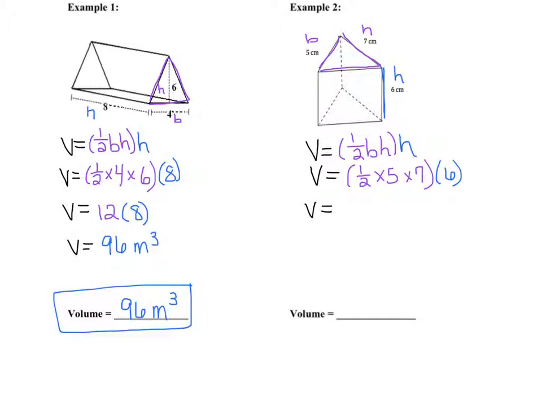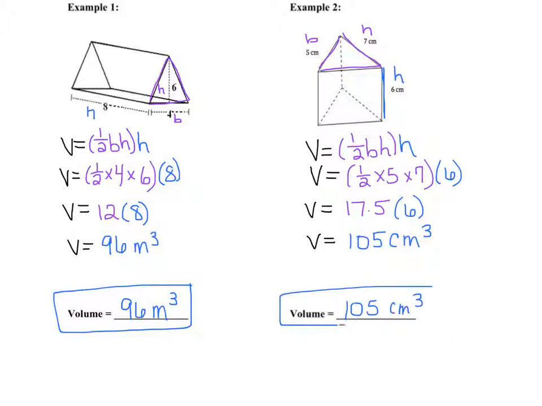So we have 17.5, and we're going to multiply that by the height of the entire solid. And we have 17.5 times 6 is going to give us 105 centimeters cubed. So our final answer is 105 centimeters cubed. Make sure you always label it cubed.